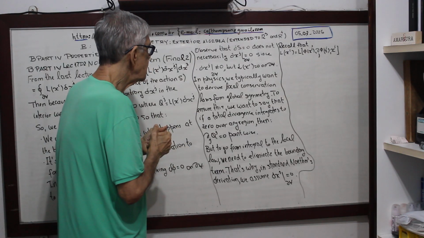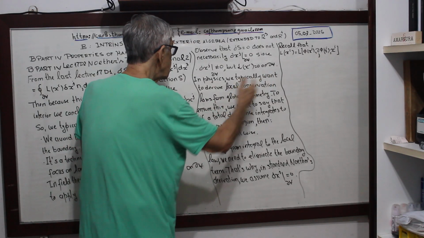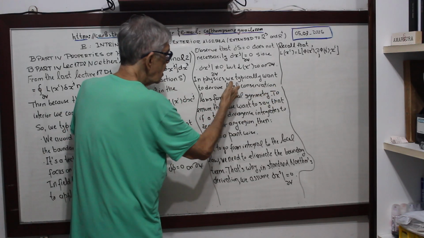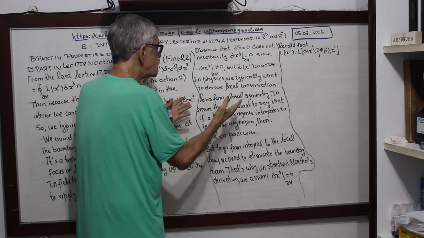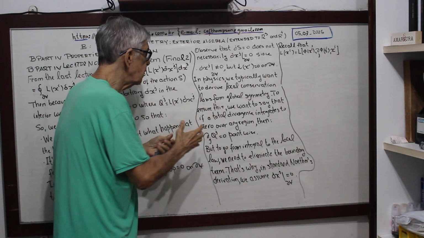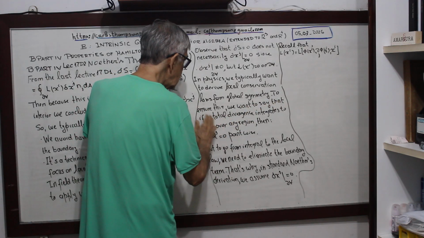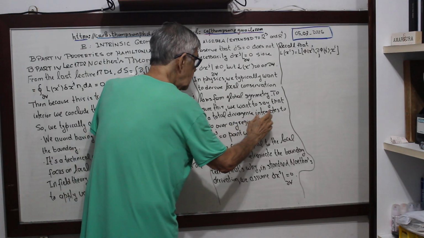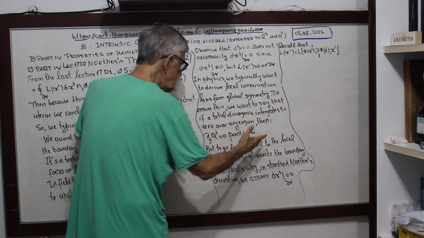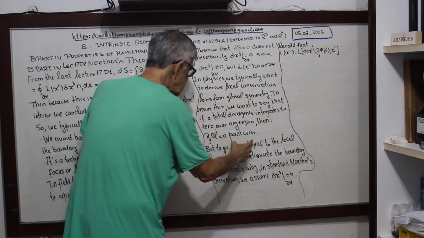That's important here. In physics we typically want to derive local conservation laws, and we obtain these from global symmetry. So this ensures that if a total divergence integrates to 0 over any region, then this condition over here will be 0 pointwise.